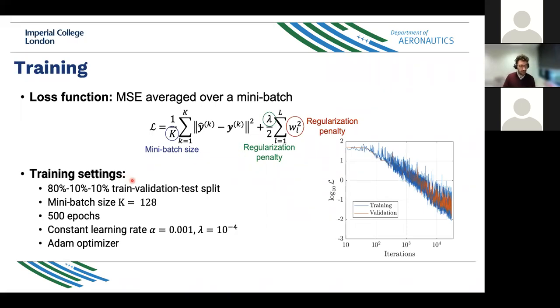These are the training settings. We use the standard 80-10-10 train, validation and test split for 500 epochs, and we had to play a little bit with this in order to prevent overfitting, with a constant learning rate and Adam optimizer. This is a lot of training for the network.